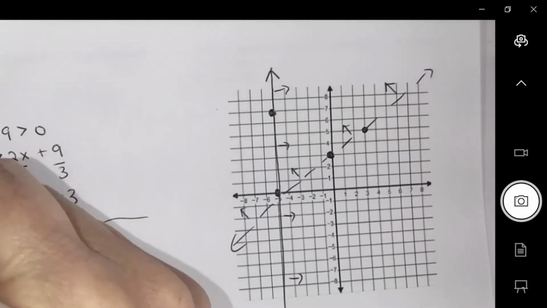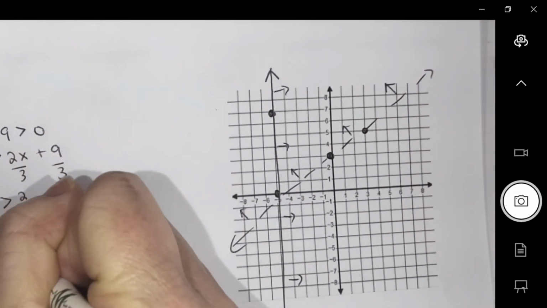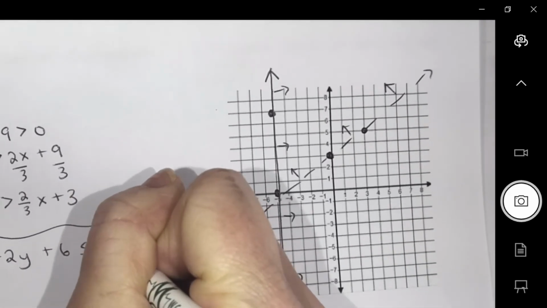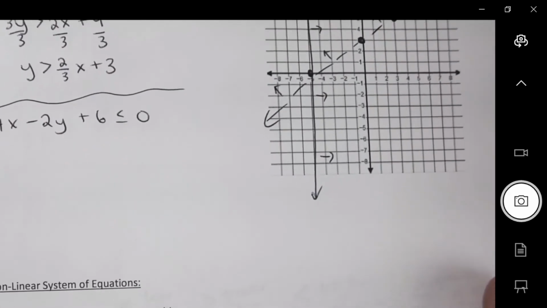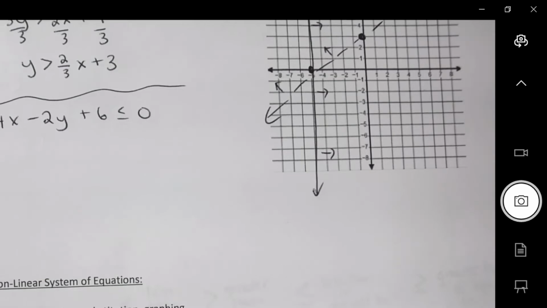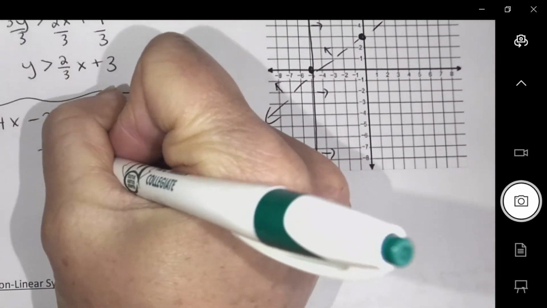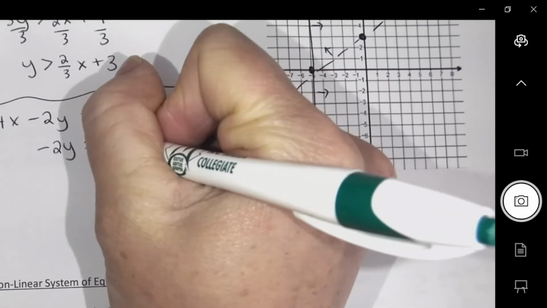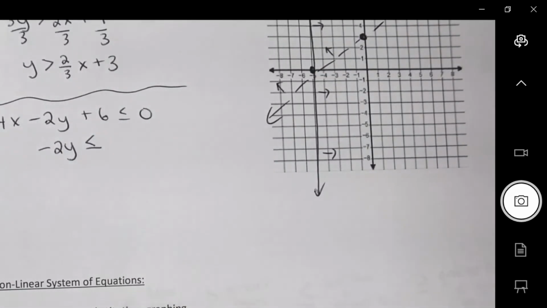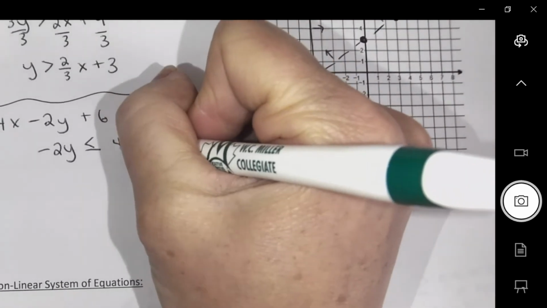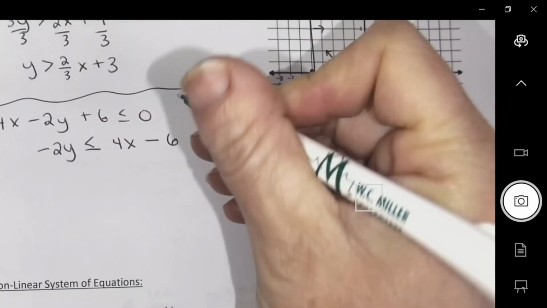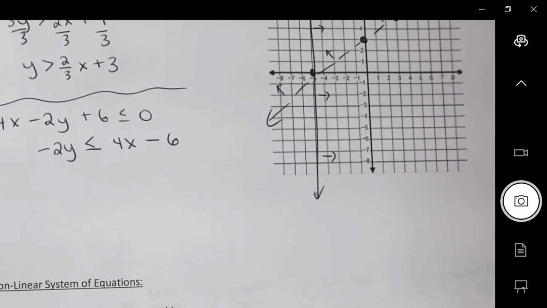All right, last line. Okay, so I'm going to do some steps the same. I'm going to rewrite the y. I'm going to take the x to the other side. I'm going to take the 6 to the other side.